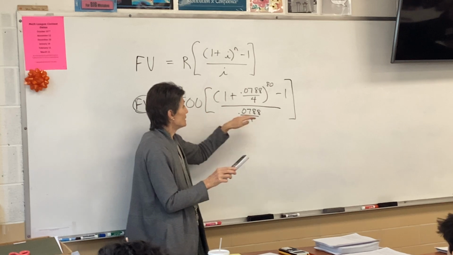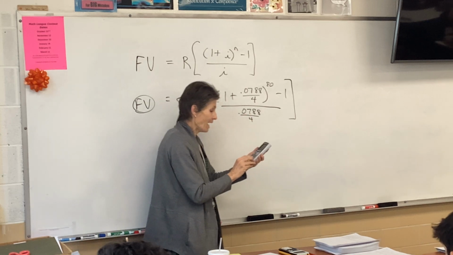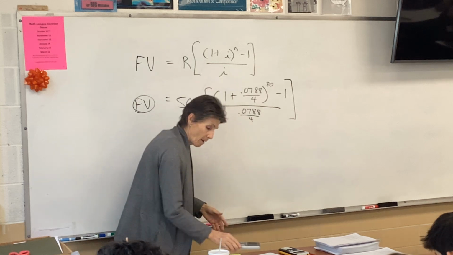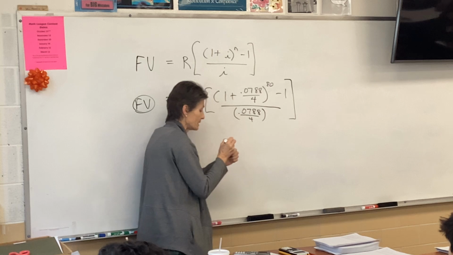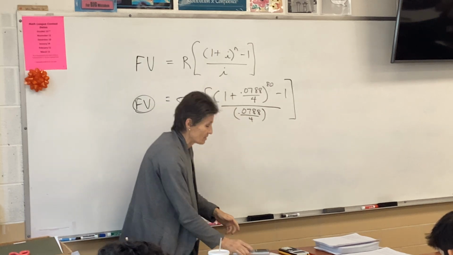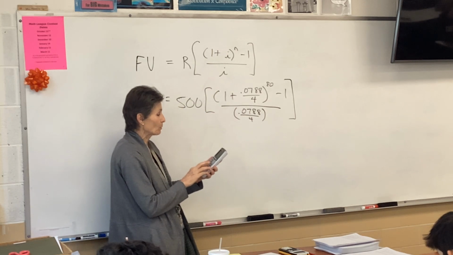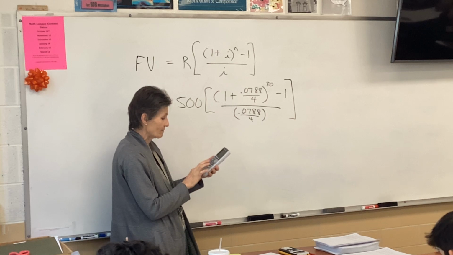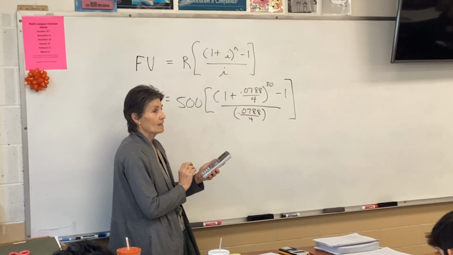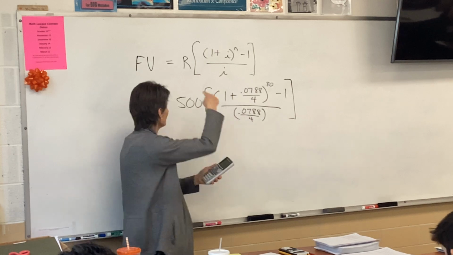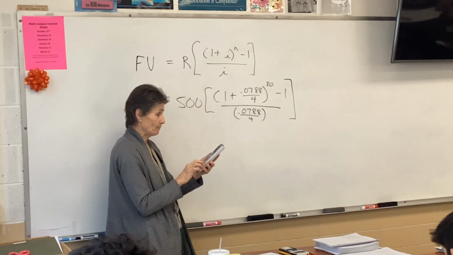Now, I'm going to divide that by my denominator, but your denominator is a quantity, so it's in parentheses. So divided by parentheses, 0.0788 divided by 4. And then I'm going to take that answer times 500.